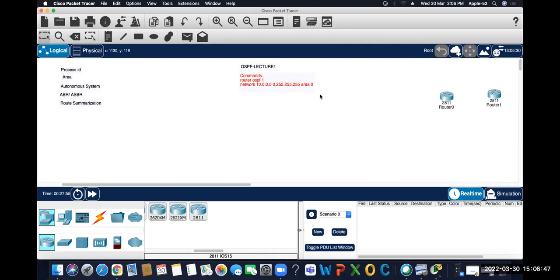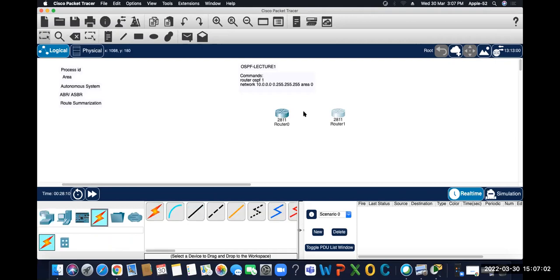So this is the role of process ID. Again, multiple instances of OSPF can run on a single router. Now the question comes: suppose I have two routers for which I have to configure OSPF routing.